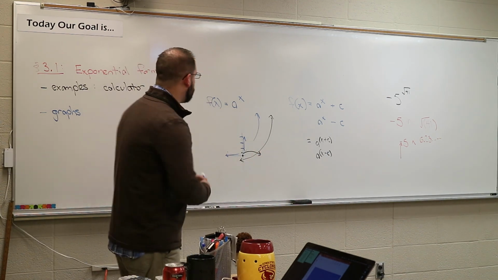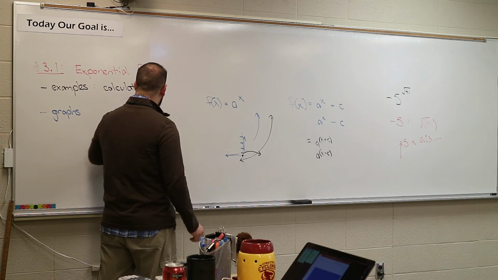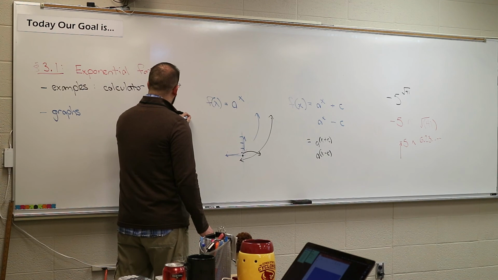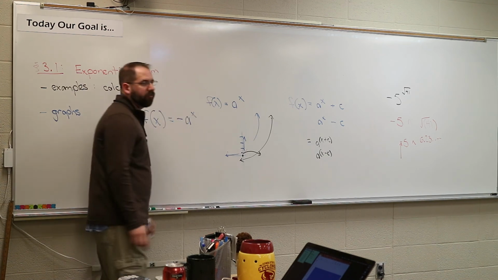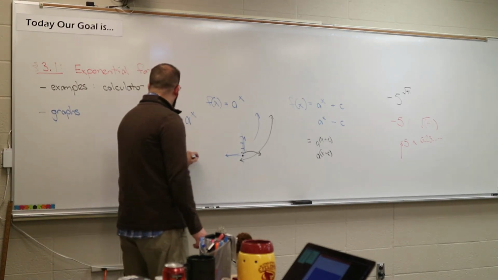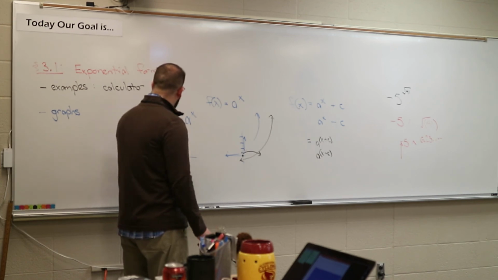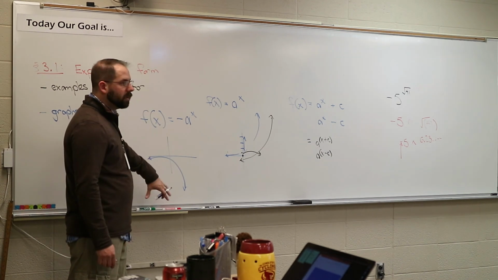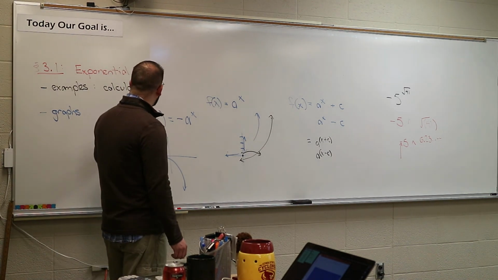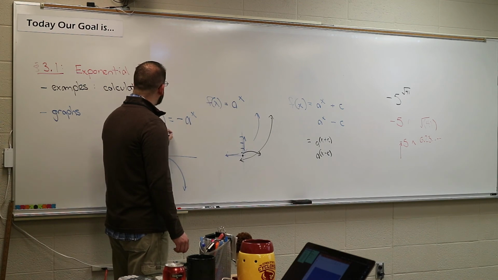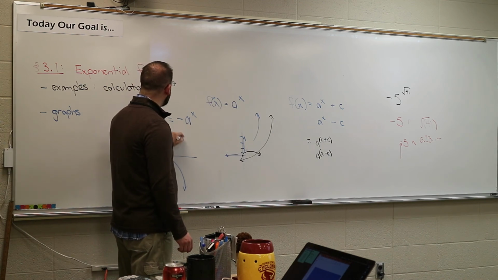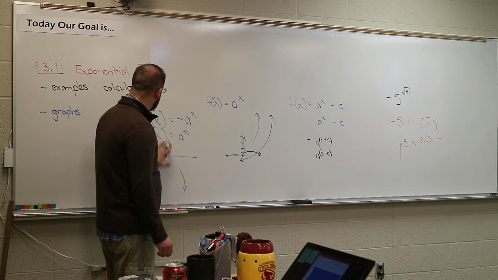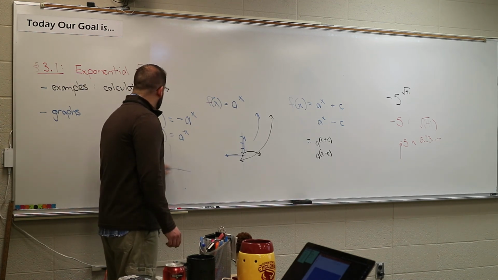Now there are other concepts. Like one of the other things that you're going to have is if they do something like this. If they put a negative out front, that spills the graph over the x-axis like this. It spills it over the x-axis if they put the negative out front. If they put the negative on the inside with the actual x, like in here, now that picture is normally doing this.